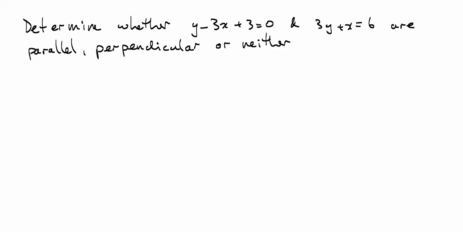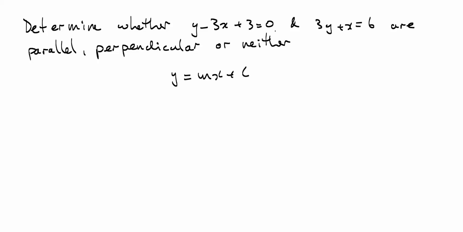Now, determine whether y minus 3x plus 3 equals 0 and 3y plus x equals 6 are parallel, perpendicular, or neither. In order to decide whether lines are parallel or perpendicular, we need to write them in the form y equals mx plus c.